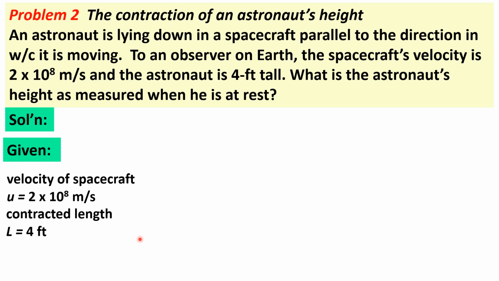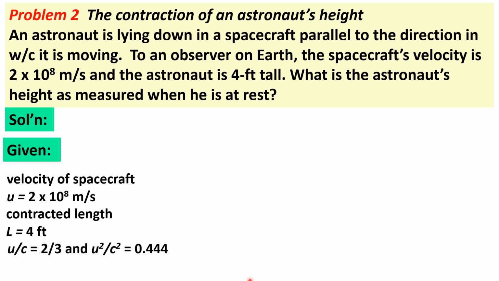So actually, again, this is from the perspective of an observer on Earth. To an observer on Earth, the astronaut is in fact 4 feet tall. So that is the contracted length of the astronaut who happens to be lying down in the spacecraft parallel to the direction in which it is moving. All right.